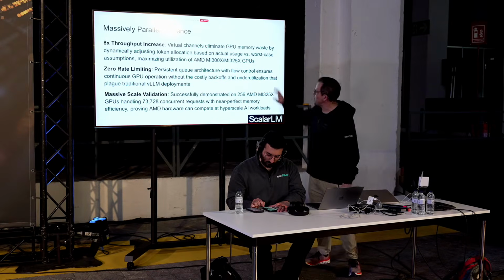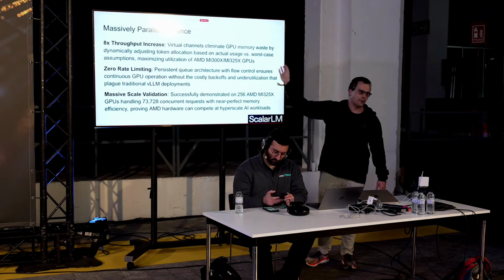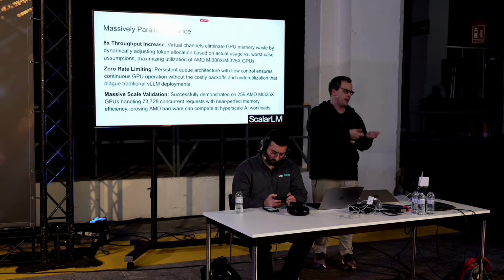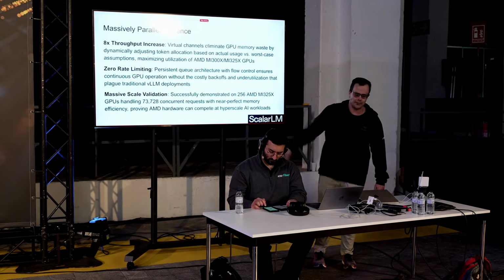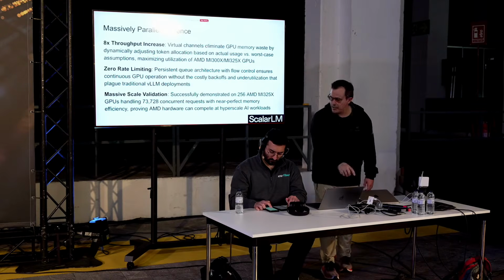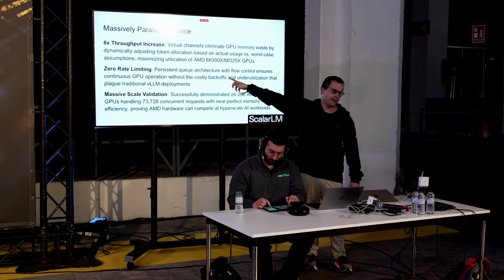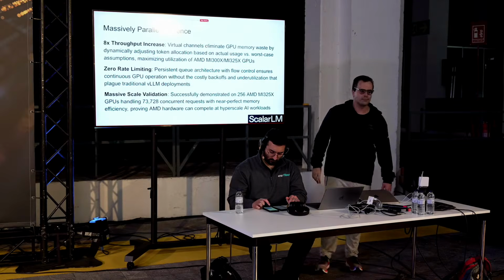There are also problems when you're doing flow control, like how do you know exactly how much GPU memory is available? It depends on what you're submitting. So we had to wire some other networking technologies back up through different parts of ScalarLM. By doing that, we got almost a 10x, like an 8x throughput increase.